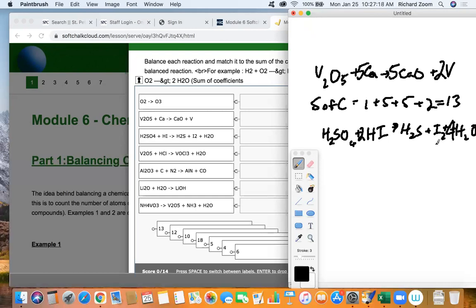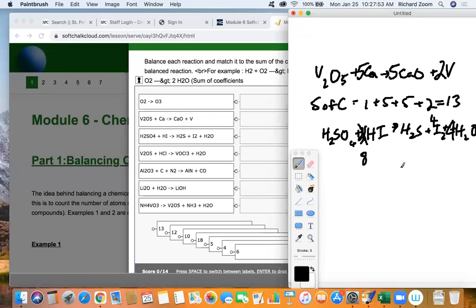But because the I is single over here and is not with anything, it's just I2 by itself, I can see that that would be a good target to try and adjust. Adjusting anything else is going to be problematic, I think. So what I would do is I've got what amounts to 10 on this side. If I was to change this to 8, that would mean now I've got my 10 hydrogens on both sides, but now I've got 8 I's over here, which means I can adjust this by putting a 4 in front of the I2.